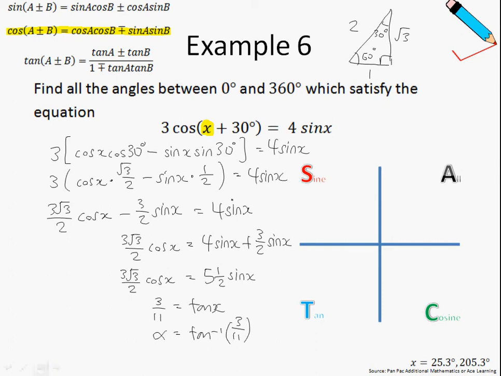And recall that since tangent x is a positive value, okay, we can either be in the all quadrant, so x should be here. So we'll be going back to our ASTC model. This is my x, and let us identify our alpha. So alpha should just be here.